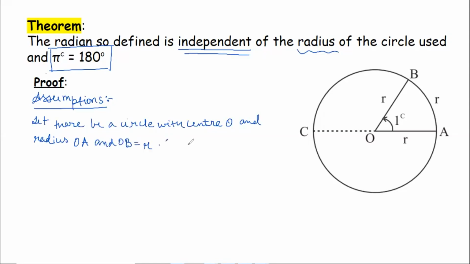Let the length of the arc AB be equal to the radius of the circle, which is equal to R. Okay.